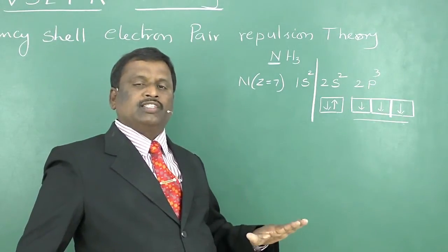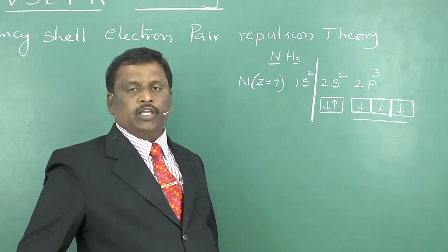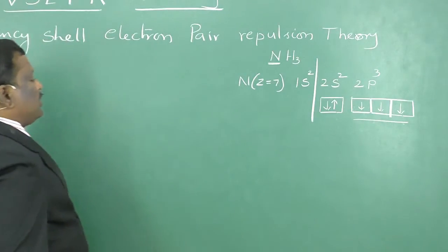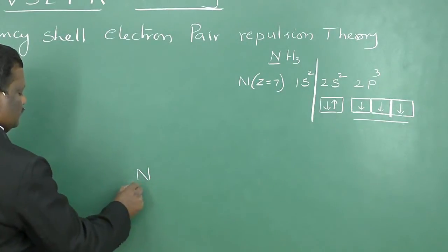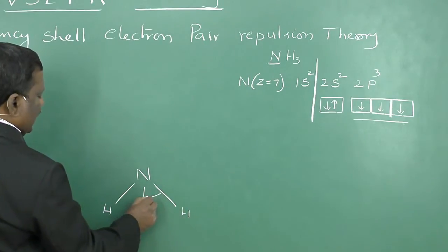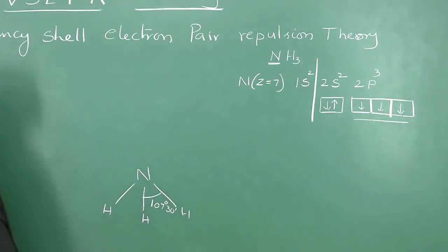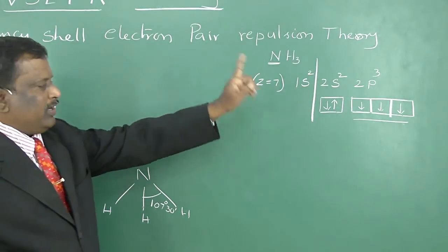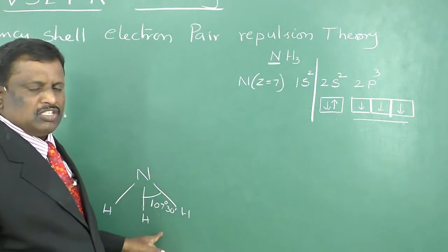But the X-ray studies of NH3 show that the NH3 molecule is in pyramid shape and the bond angle is found to be 107 degrees 30 minutes. So if pure p orbitals are directly involved in the bonding, we cannot explain this structure.